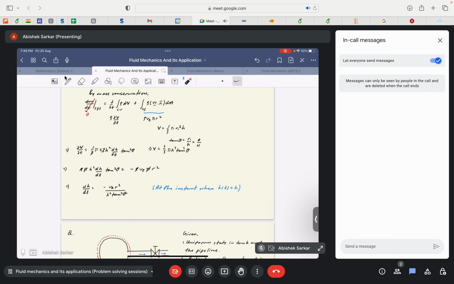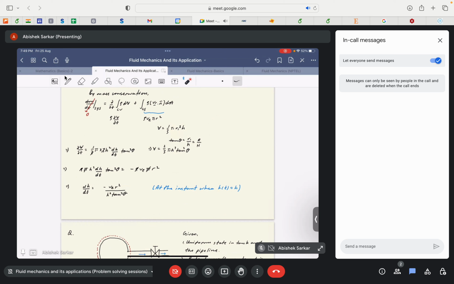Now we can see that we have two variables, r1 and h. Since it is dh by dt that we have to find, it would be quite convenient if we could eliminate r1 from the equation, so it would be better to represent r1 in terms of h.